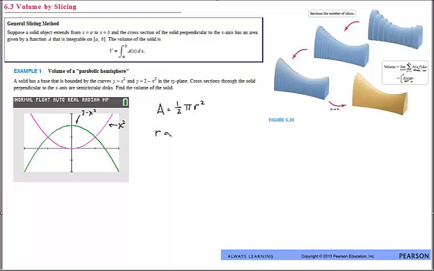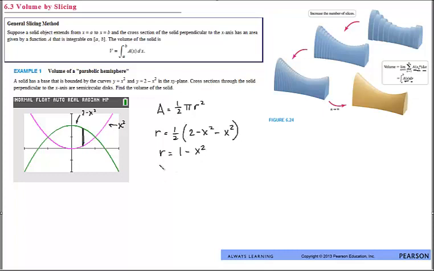The radius would be half of the distance between these two, and that distance is 2 minus x squared, minus x squared. So doing the computation, I would end up getting 1 minus x squared.